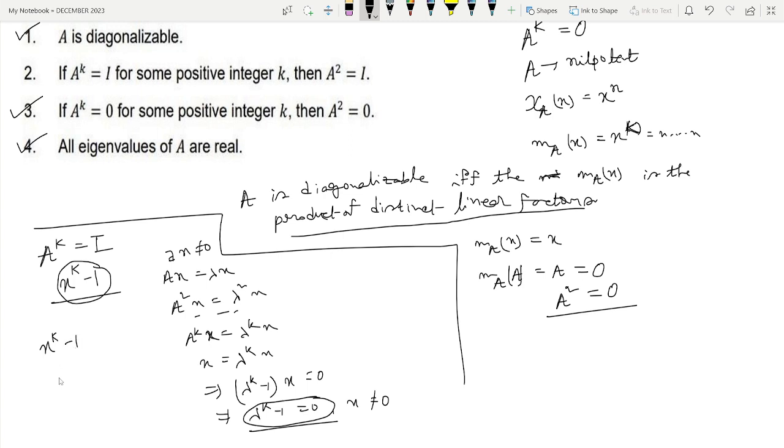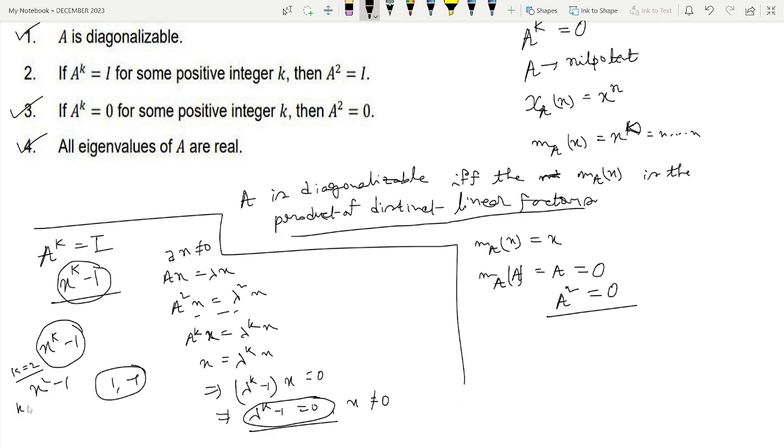And we also know that the roots of this polynomial, if k is some even number, suppose 2, so it is x square minus 1, so 1 and minus 1 will be the roots of this polynomial.